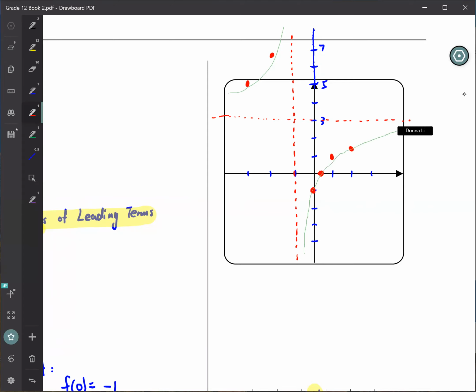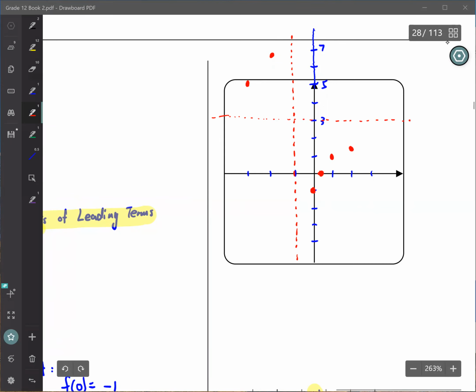Yep, very good. Okay, nice drawing, right? So pretty easy, right? Easier than trigonometry, right? So you just follow the points, follow the rules for horizontal asymptote, then you'll be fine in this chapter.